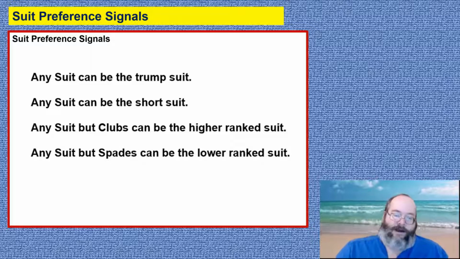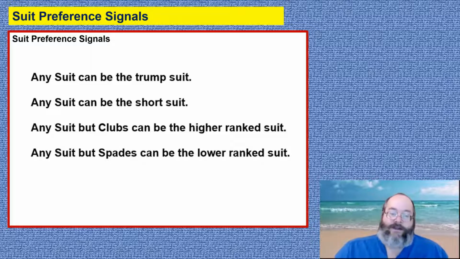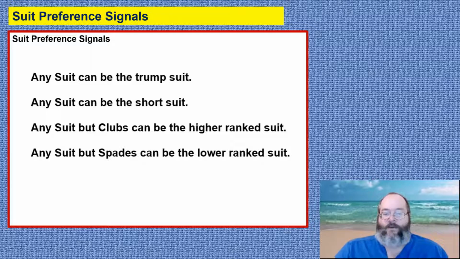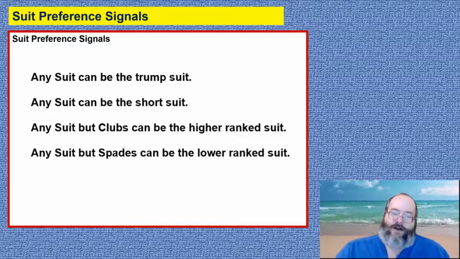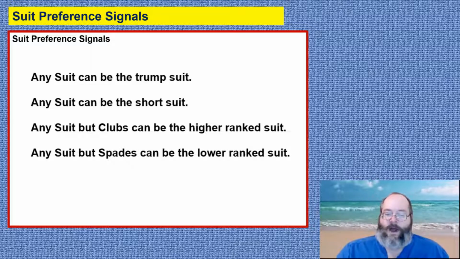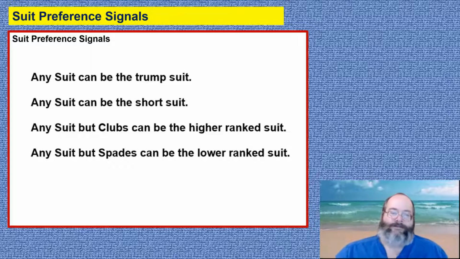Clubs are always low, but occasionally they're eliminated because one will be the trump suit or one will be the short suit. So it's the 2 suits that are left that you are trying to determine, that are not trump and not the suit being led. Of those 2 suits left, you want to look at higher ranking and lower ranking.